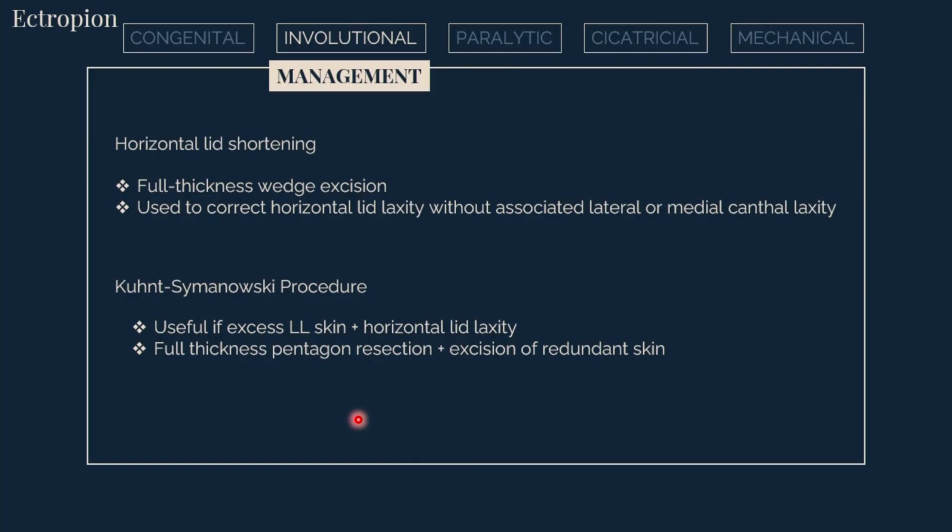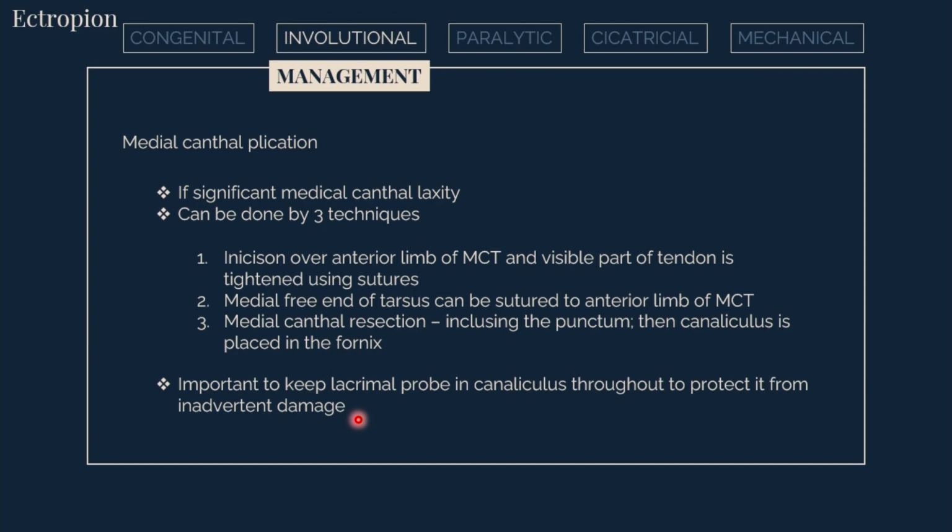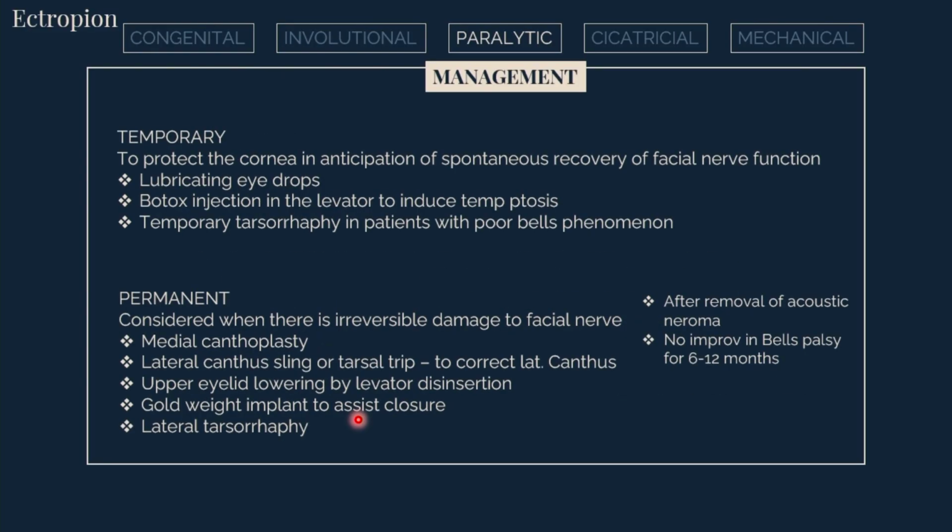It is done if there is redundant lower lid skin along with horizontal lid laxity. Here you do a full thickness resection along with the redundant skin as well. Then we can also do medial canthal plication if there is medial canthal tendon laxity.